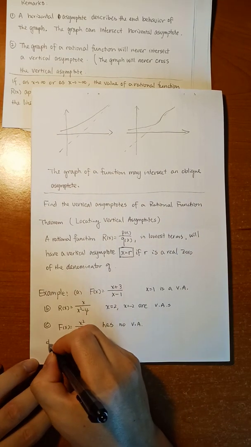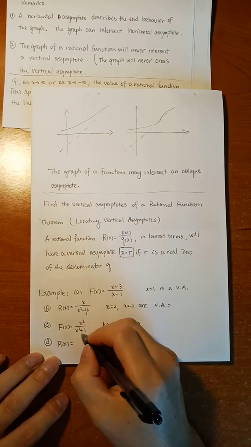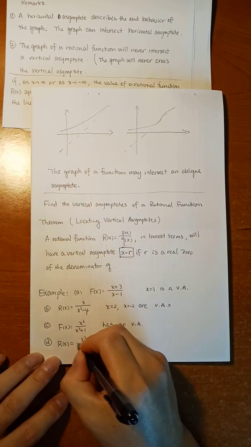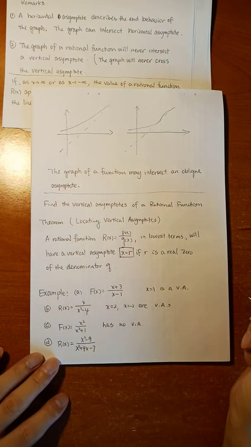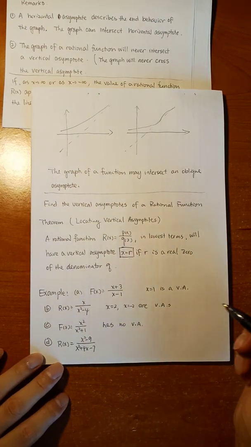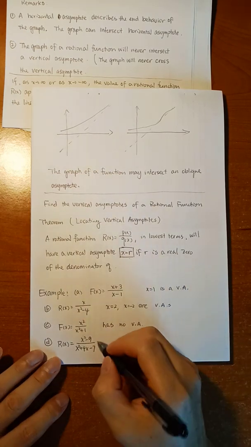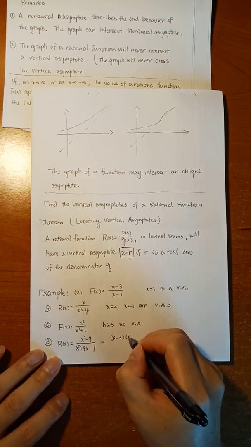And D, x squared minus 9 over x squared plus 4x minus 7. In order to find the vertical asymptote, let's check the factorization. The numerator is factored as x minus 3 times x plus 3.